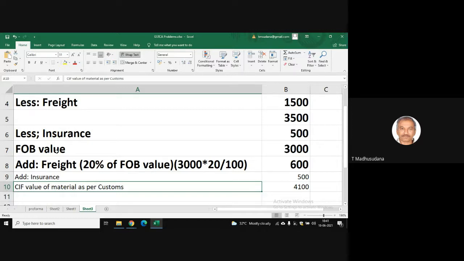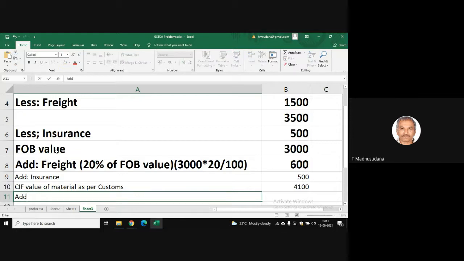Now, for this 4100, again the customs officers will add 1% of CAF value as landing charges. Again, 1% of CAF value will be added as landing charges. Therefore, add landing charges at the rate of 1% of CIF value.